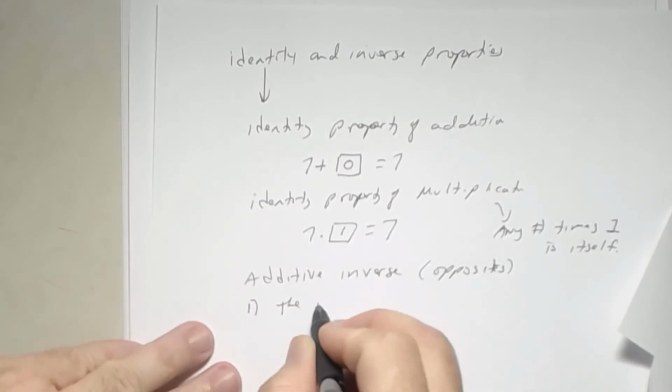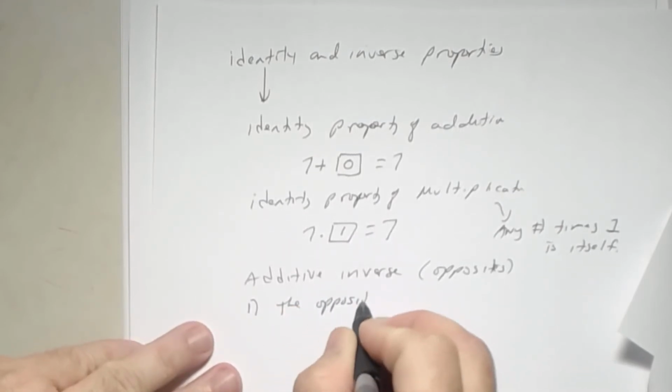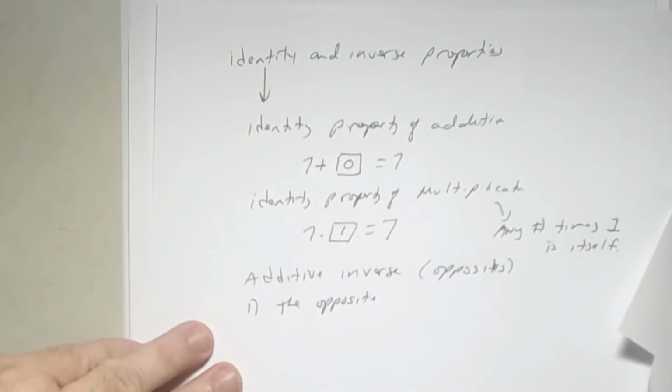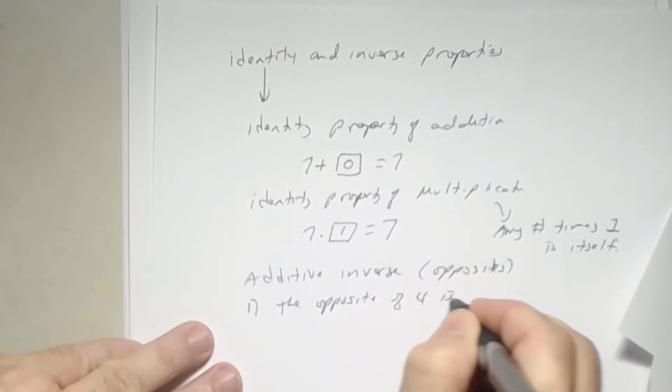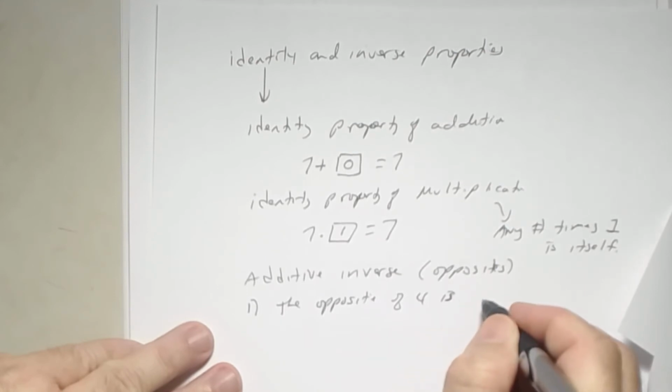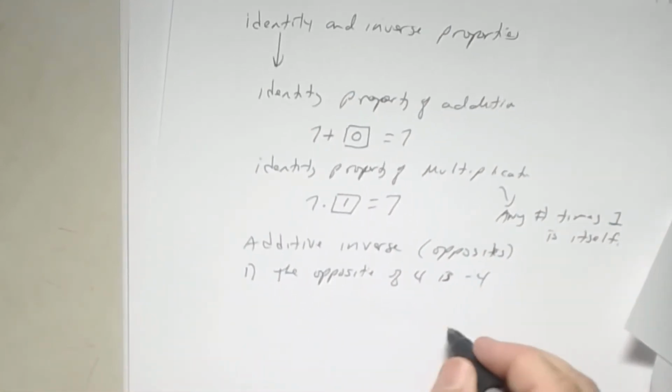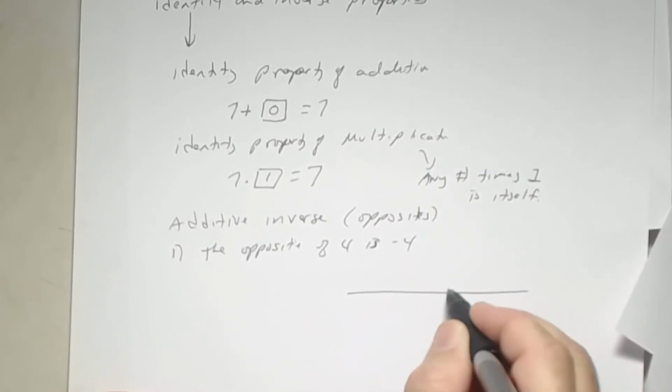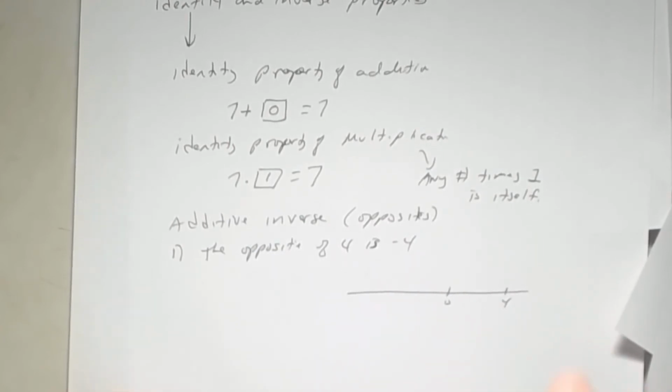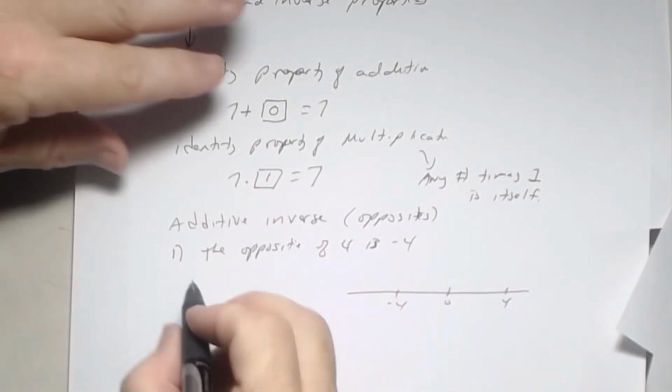Let's see if you remember what opposite means. The opposite of 4 is, what do you think? -4. In terms of the number line, if this is 0 and this is 4, what is the opposite on the other side of 0, having the same distance? -4. So the opposite of 4 is -4.